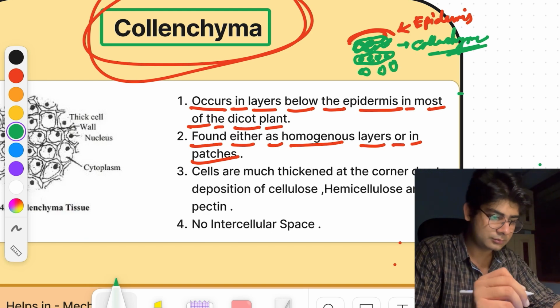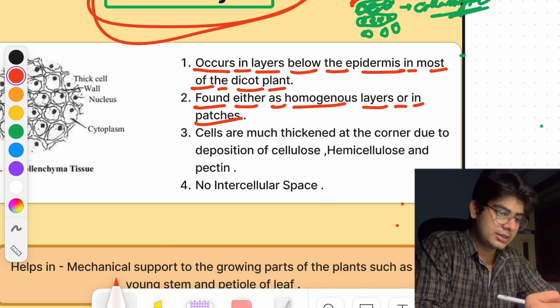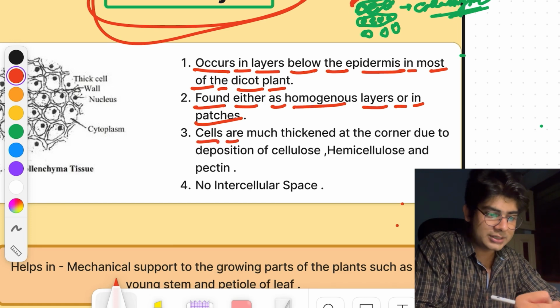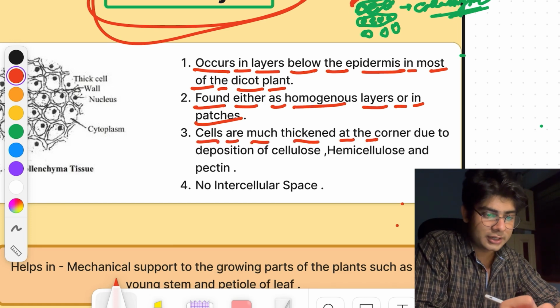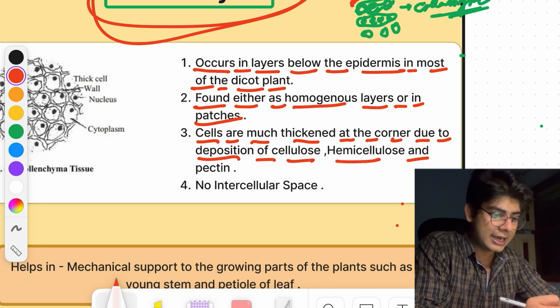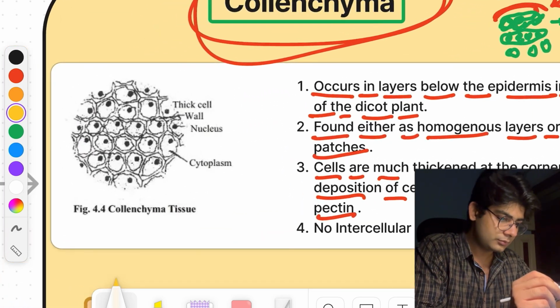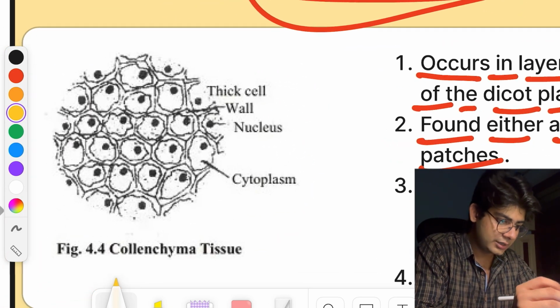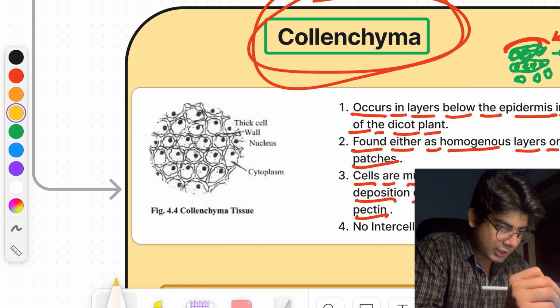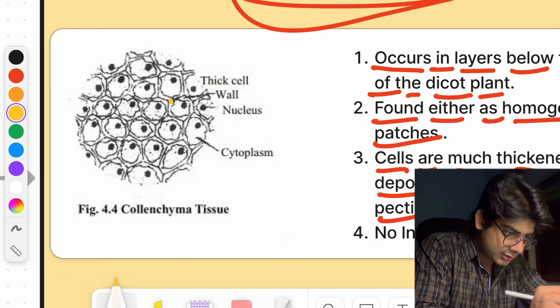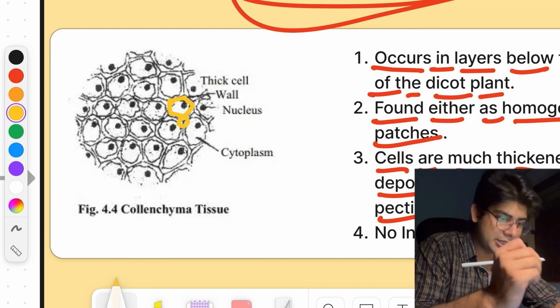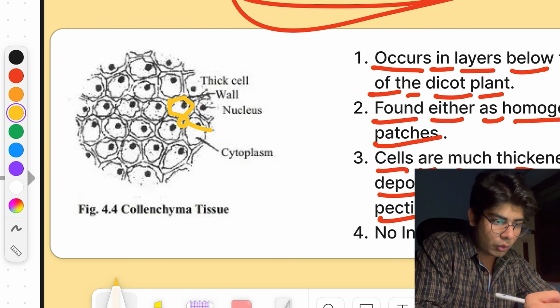The next point, cells are much thickened at the corner due to deposition of cellulose, hemicellulose and pectin. As you can see here, the cell walls are pretty thick and they have no intercellular spaces. They have literally no intercellular spaces.